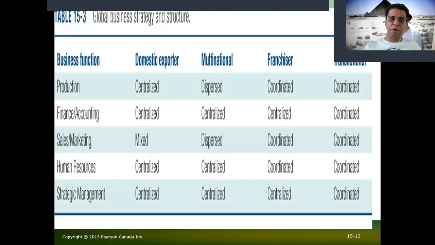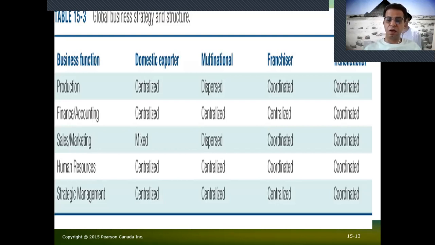As an example, let's see how each business function operates. In the field of production, if you are a domestic exporter, your business function in production is centralized. If it's a multinational, it is disparate. If it's a franchise, it is coordinated, and transnational is coordinated.